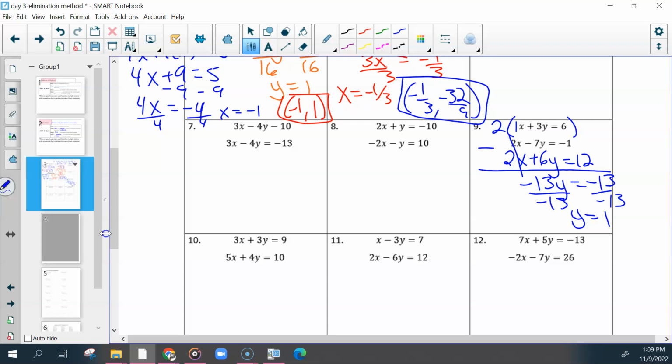And then you have 3 options of where you want this 1 to go. In the original or in the new, any of those, doesn't matter. So I'm going to put it into the first one.